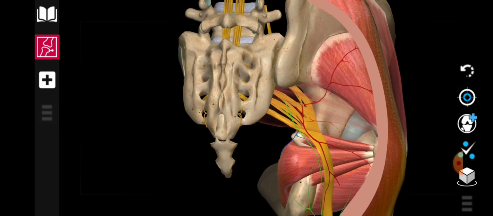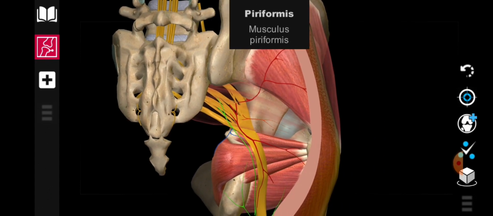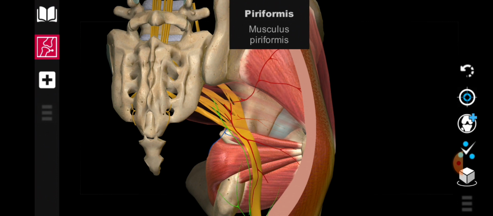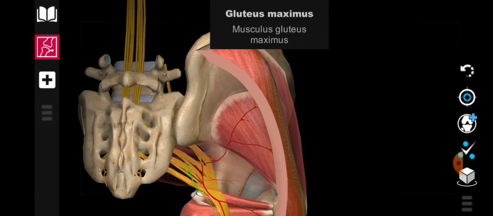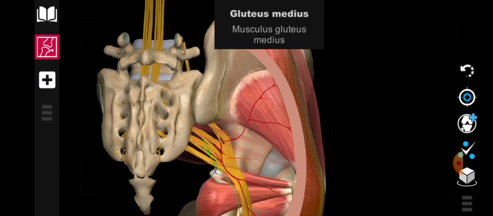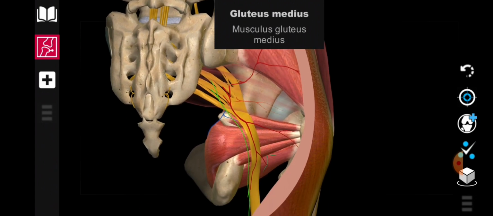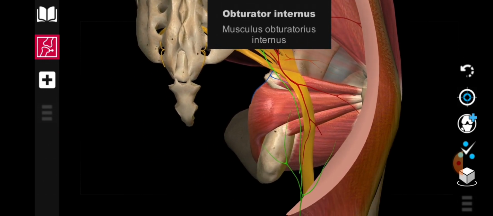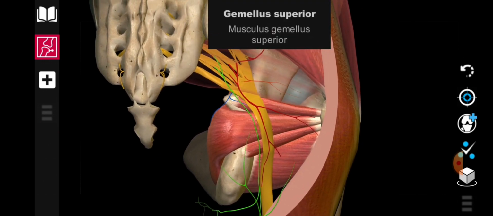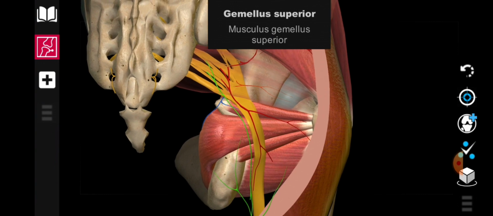On the right side, what do you see? That was the piriformis muscle, and this is the gluteus maximus being cut. This is the gluteus medius, right? Now there are other muscles you have to learn. This is the obturator internus. Above that is the gemellus superior.